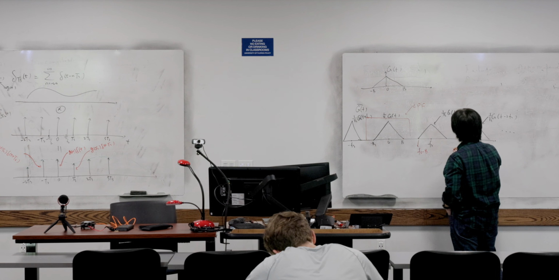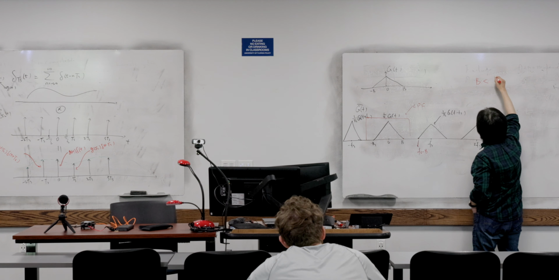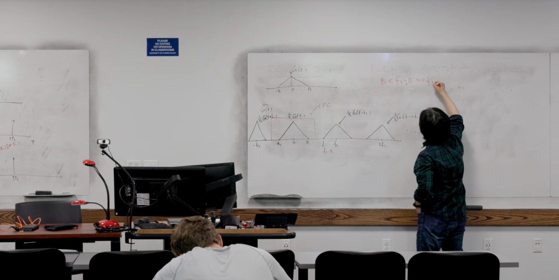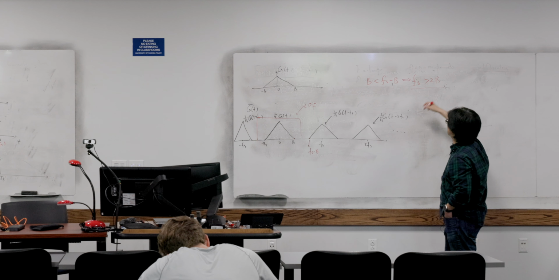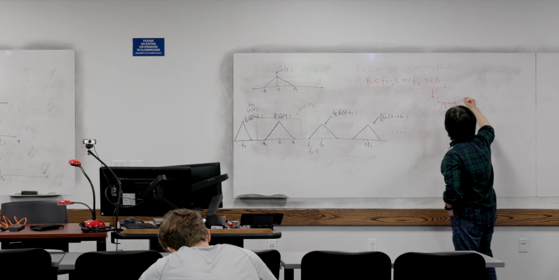So we require B less than Fs minus B. That basically means Fs bigger than 2B. So this is called the Nyquist sampling rate.